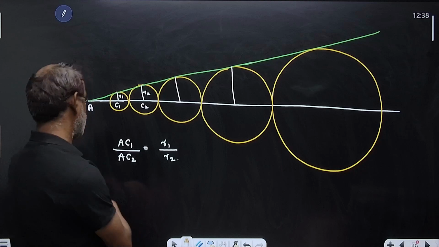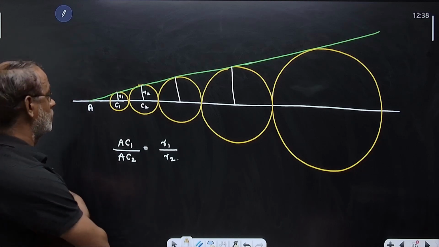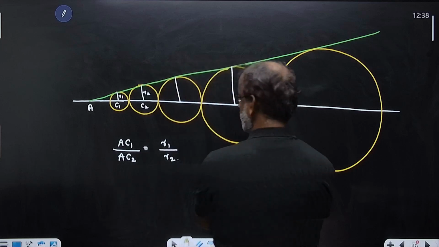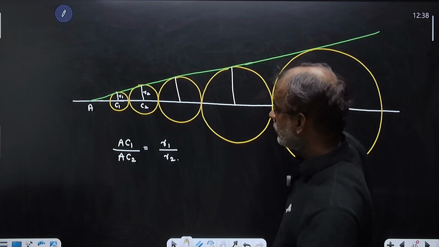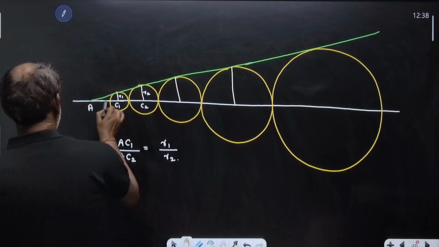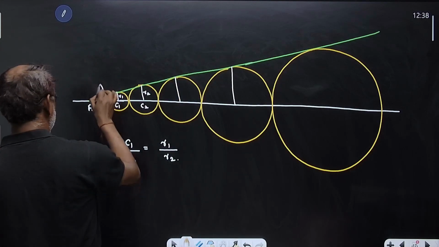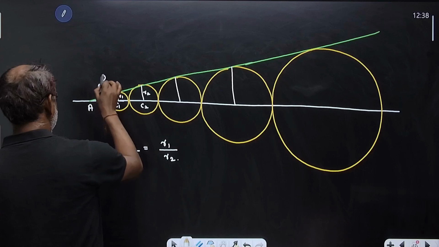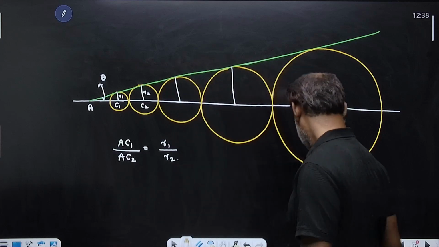So, how can we proceed further? Now, this angle you can say, this angle is fixed. This angle theta is fixed, isn't it?